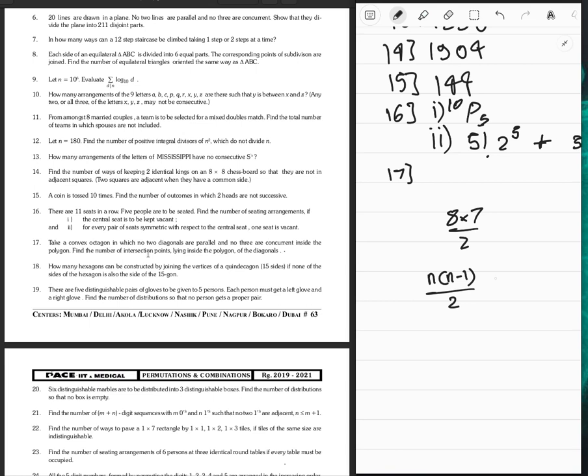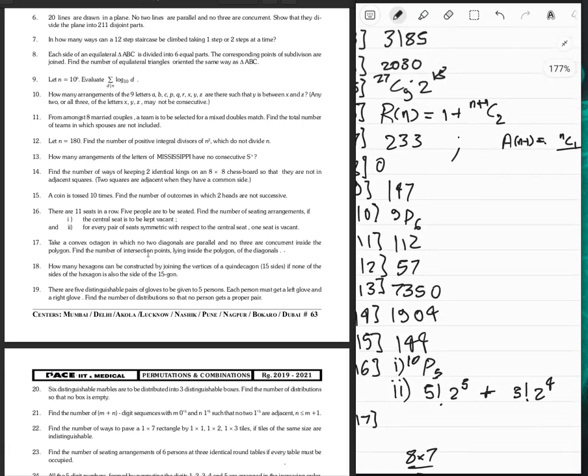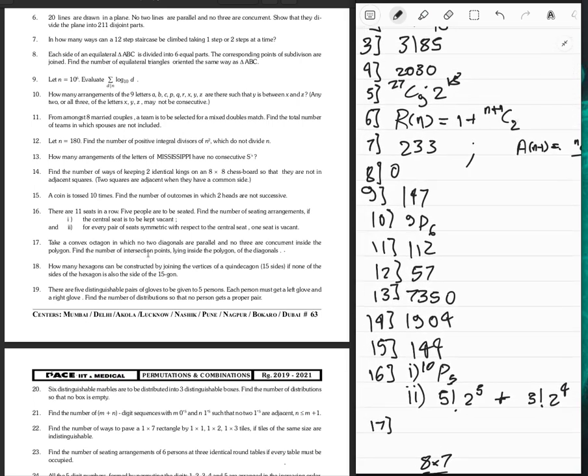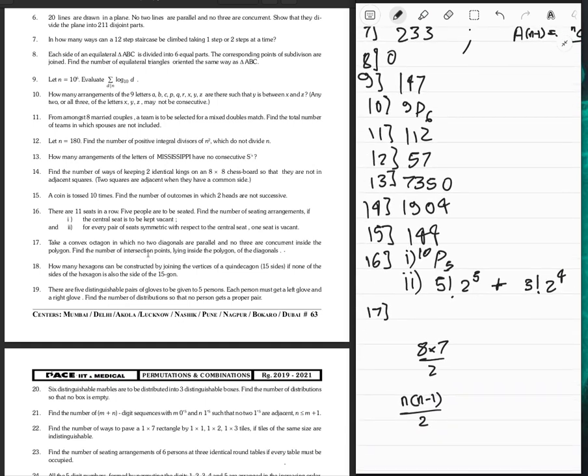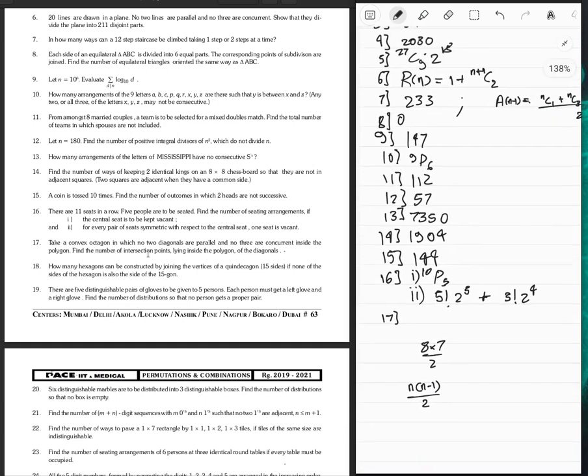Okay, and what's the number of regions? So we already got the formula before. It's 1 plus n plus (n+1)C2. So now, instead of n, just put n times n minus 1 upon 2.